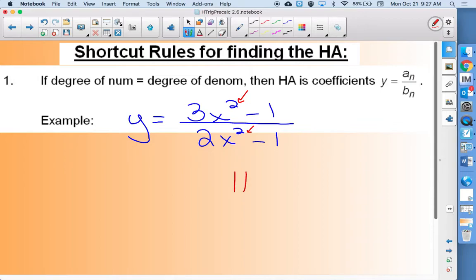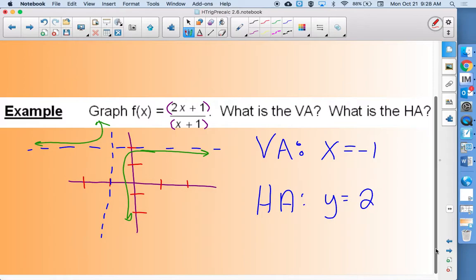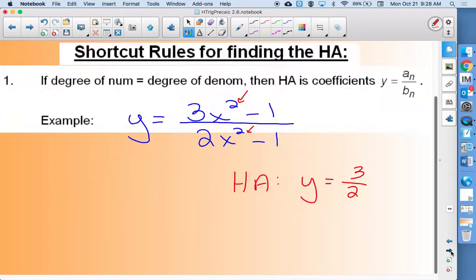When it's the same, my HA would be the coefficients. So in this case, it's 3 over 2. If we look at the previous one that Josh found for us, we have 2 over 1, which is why the horizontal asymptote would be a 2. Powers are the same, the degree is the same, so we're looking at the coefficients in front.